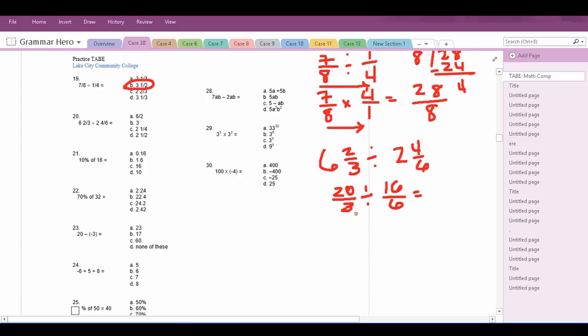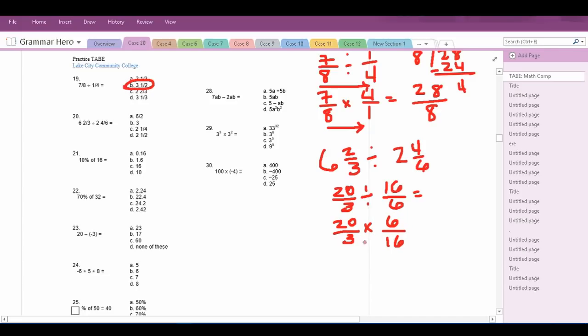Again, we're not quite there yet. 20 over 3. Instead of dividing, we're going to multiply and flip these, invert them. 6 over 16.